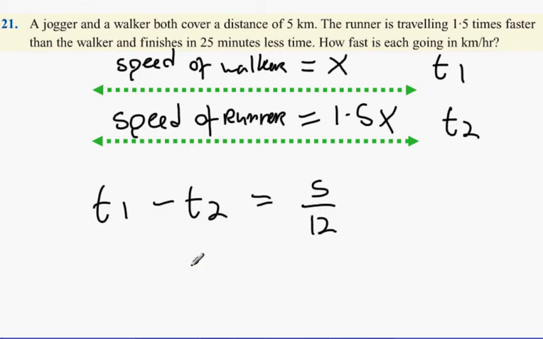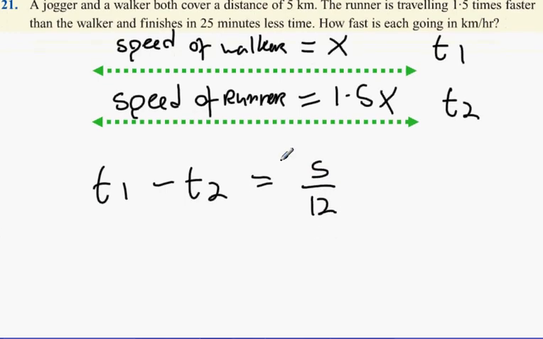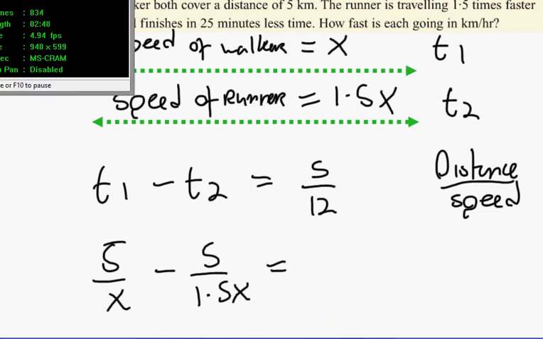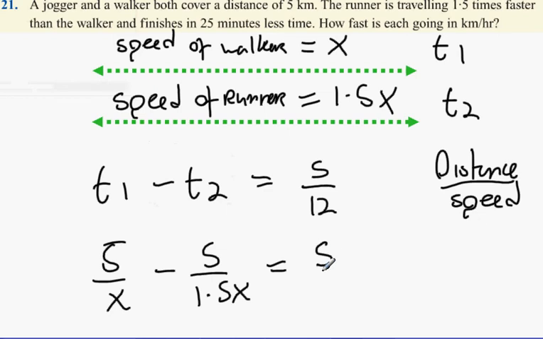Next thing you're going to do is T1. Time equals distance divided by speed. So distance is 5 divided by x, minus 5 divided by 1.5x, equals 5 over 12.